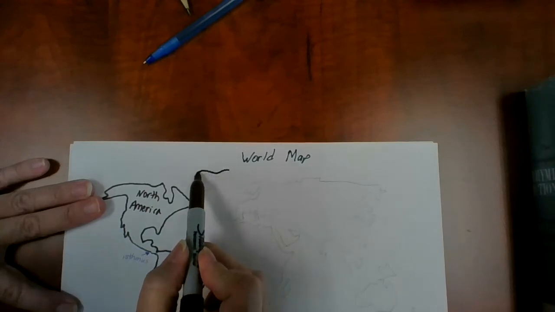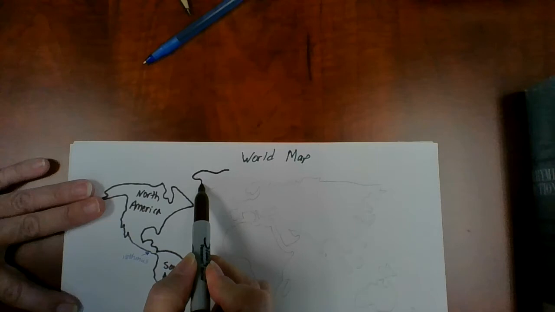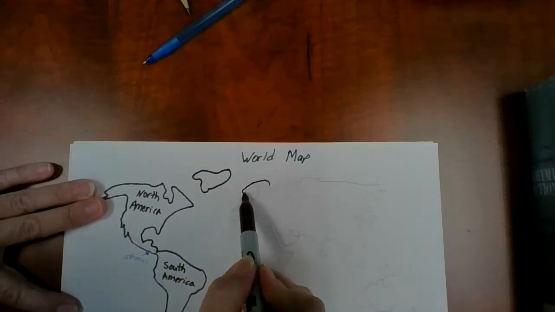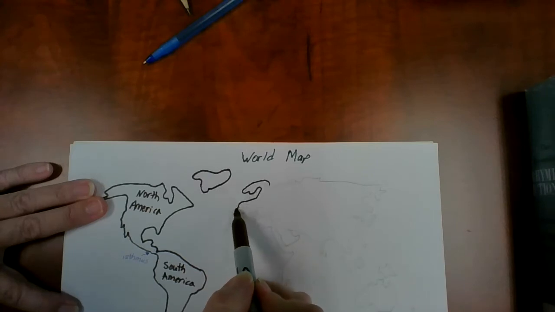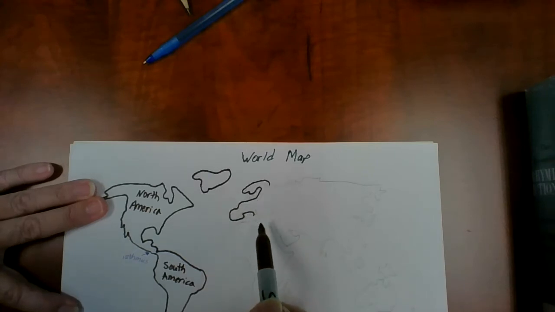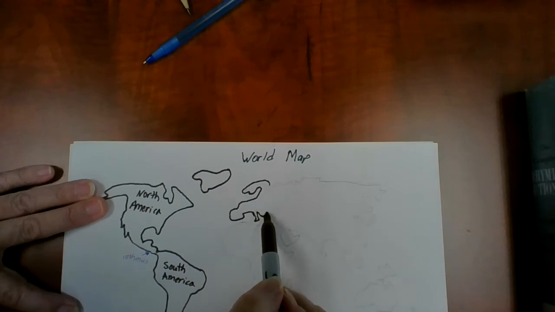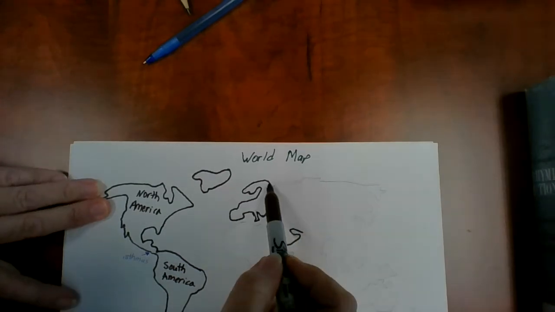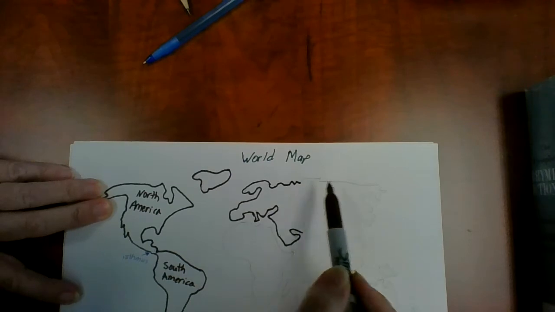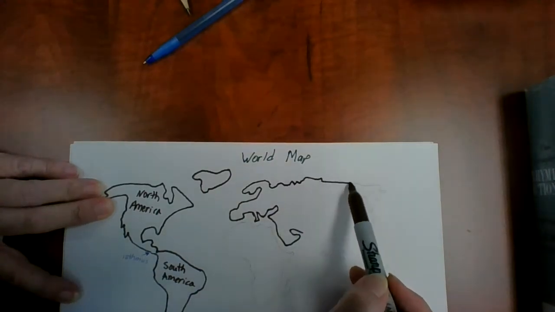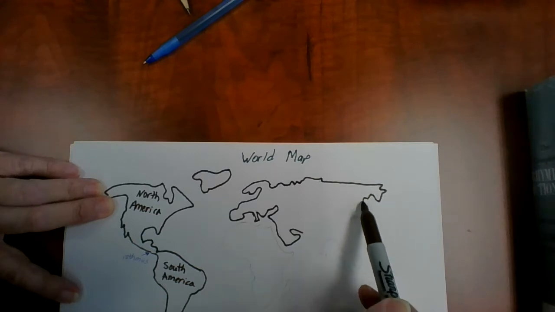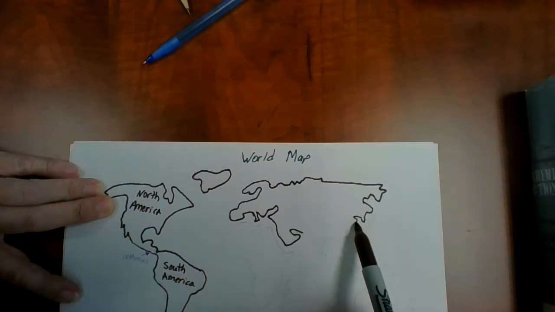Then I'm going to move over here, and I'm going to start drawing Europe. Okay, now this is a really large piece of land. Some people call it Eurasia because we have two continents that are connected.